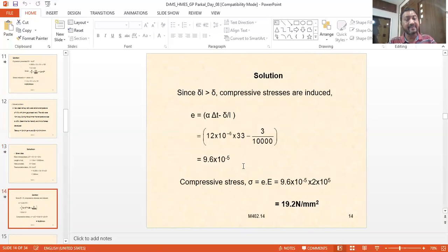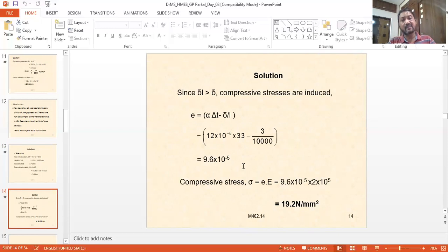Now here what is happening is, the delta L is more than the gap given. Up to 3 millimeters they are free to expand. But the expansion of the rail comes to be 3.96.